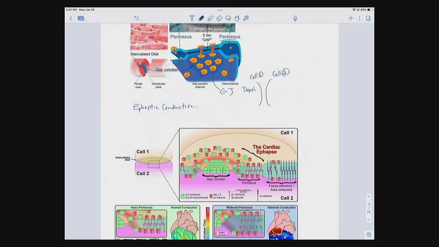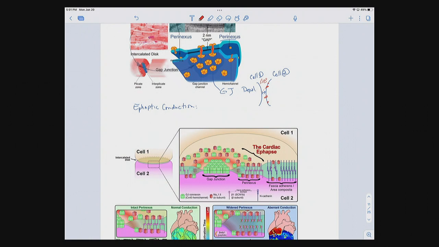And if you have cell 2 that's very close to cell 1, you actually could have the situation where the change in the electrical field can alter proteins in the adjacent cell.